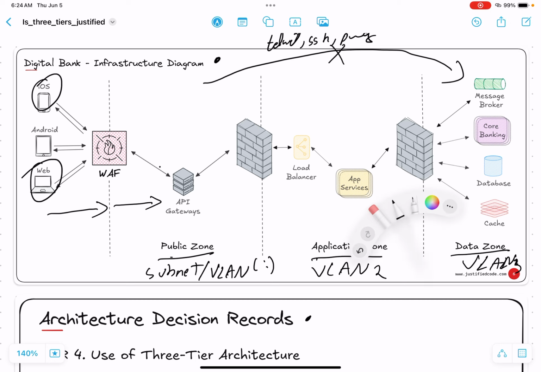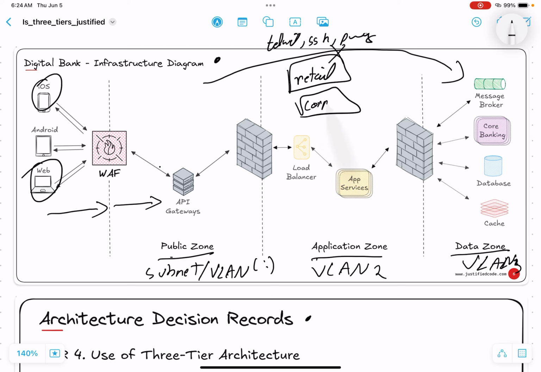Similarly, application services, for instance, like a retail service or a corporate service, probably a CMS as well used by the administration staff there.